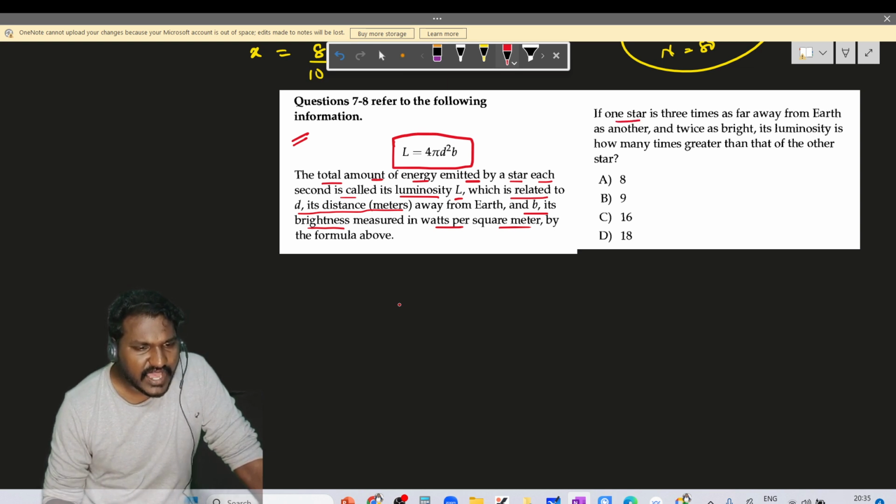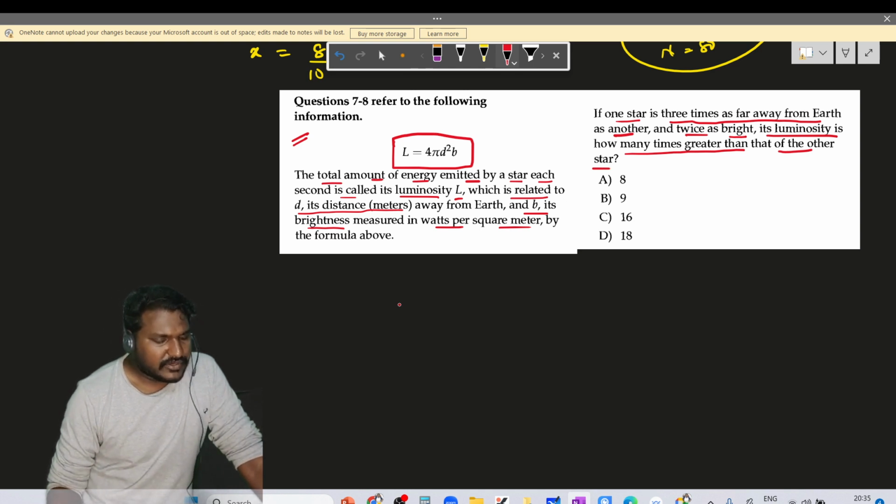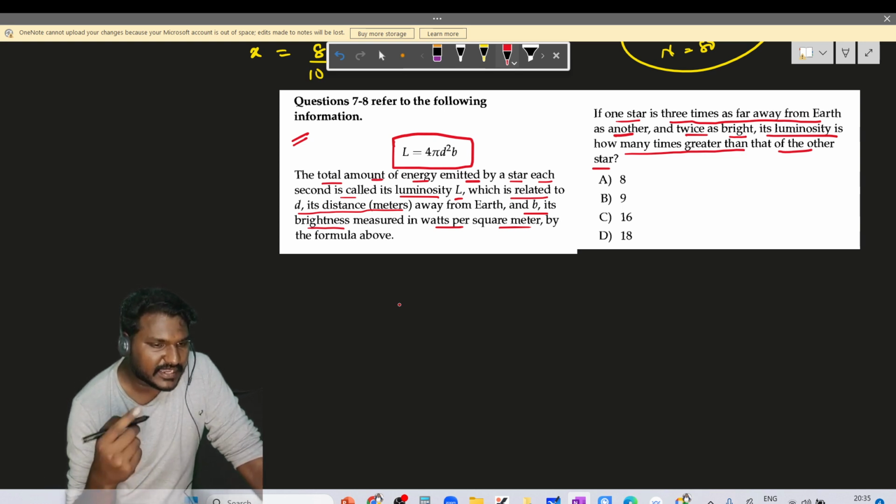If one star is 3 times as far away from Earth as another and twice as bright, its luminosity is how many times greater than that of the other star? It's a straightforward question, but you need to read it carefully. Pause this video and read the question carefully while you're practicing. Now I'll explain the statement.